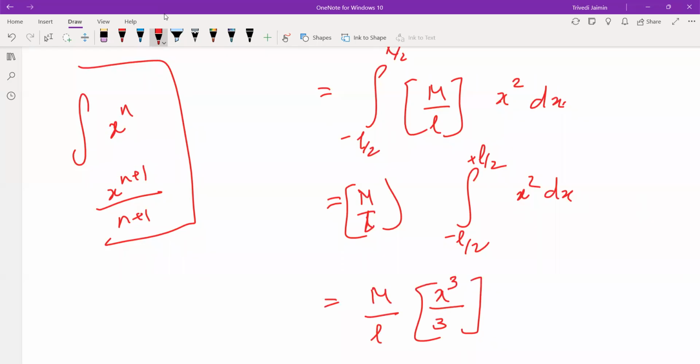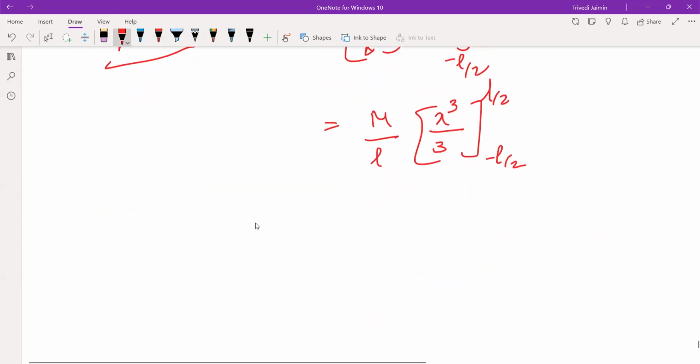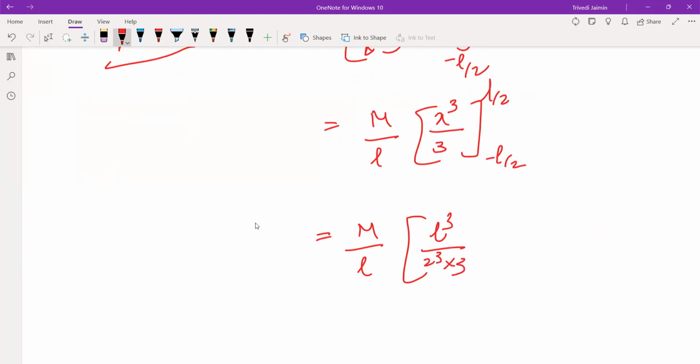Now we'll substitute the limits L by 2 and minus L by 2. In place of x, we substitute L by 2. So M by L into L cube by 2 cube into 3, minus of minus L cube by 2 cube into 3.